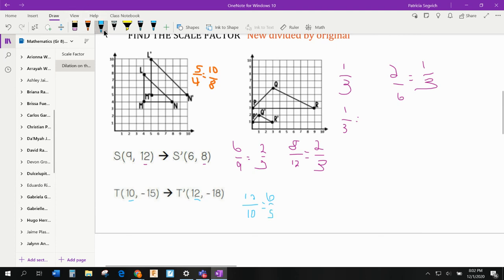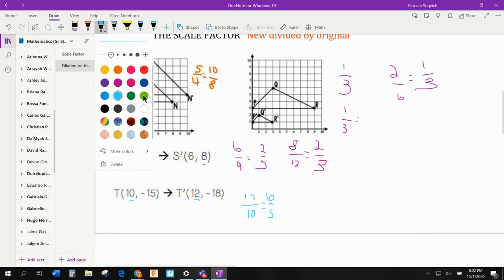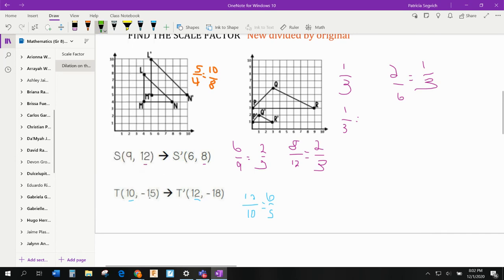Let's check it with our y's. Our y's are negative 18 and negative 15. So negative 18 is our new over negative 15, which is our old. If you divide everything by 3, negative divided by a negative is a positive, and you're going to get 6/5, which is what we also got over here. So here our scale factor is 6/5.